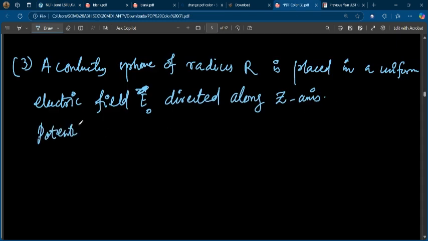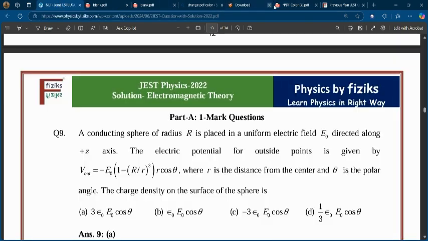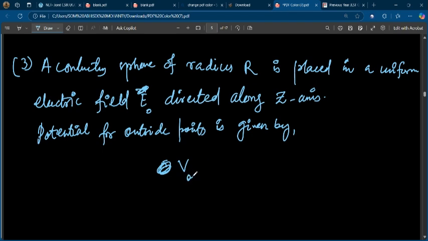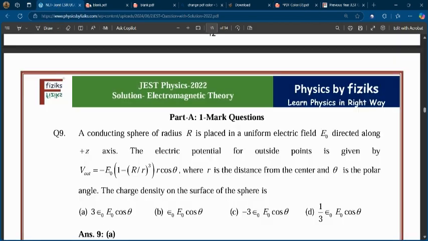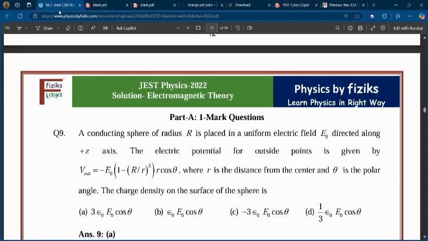potential for outside points is given by V out is equal to E naught, 1 by R whole cube, capital R divided by small r whole cube, times r cos theta.